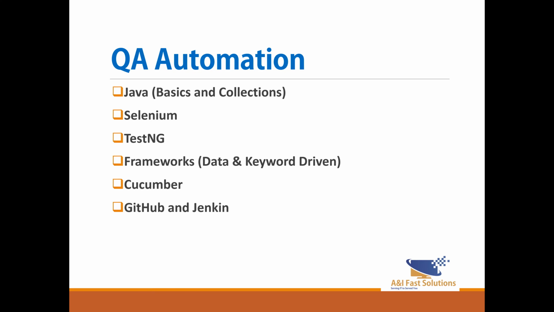Automation. In automation, we're going to cover Java basics. We're going to cover Selenium and TestNG. These are the frameworks we need to cover. We have other frameworks too, the data-driven and keyword-driven frameworks, which we're going to cover. We also install Cucumber. Cucumber is another tool, but it is a very popular tool in the market.